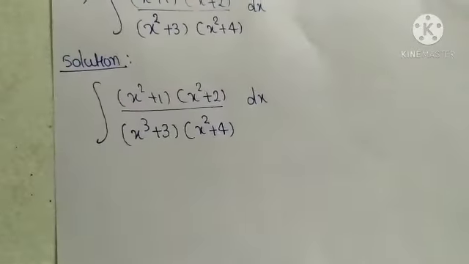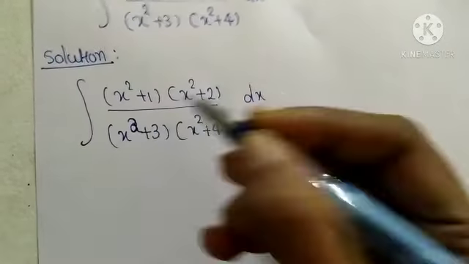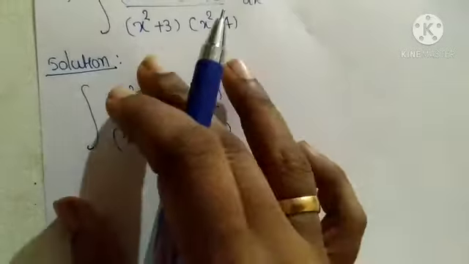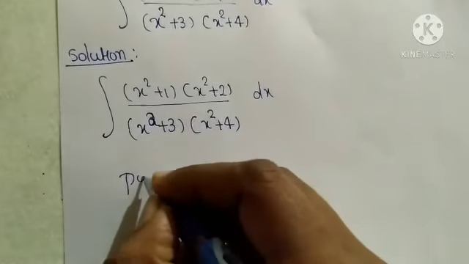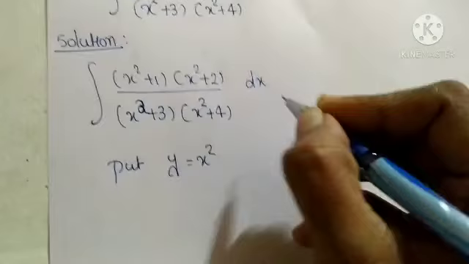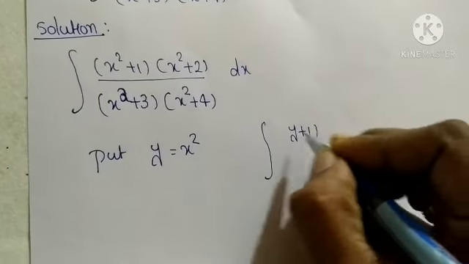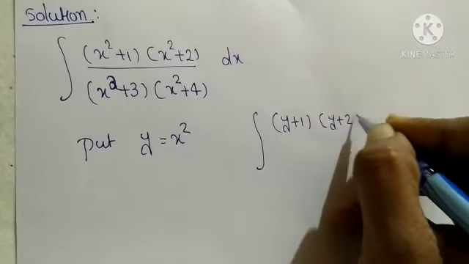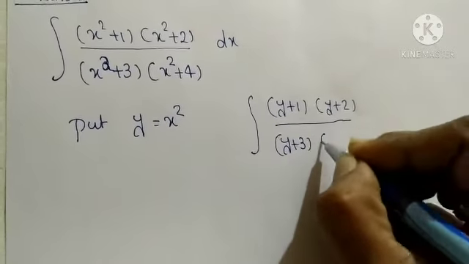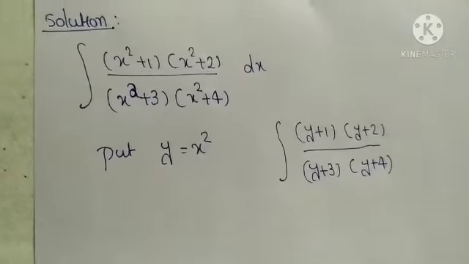So here x square is present in all the terms. So put y equal to x square. So next our question will become y plus 1 into y plus 2 divided by y plus 3 into y plus 4.